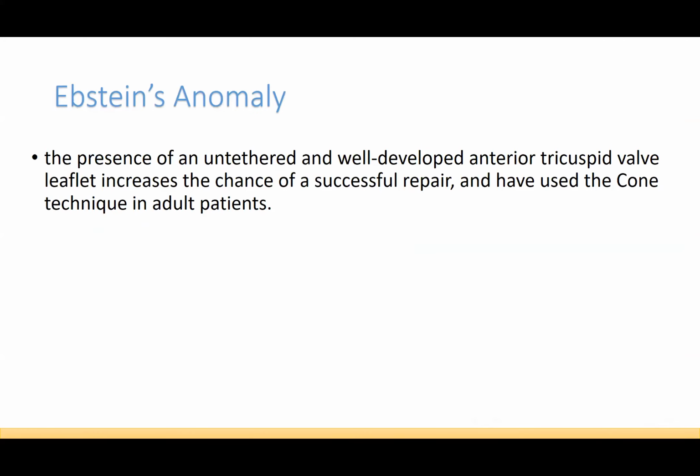So for Ebstein's anomaly, the presence of an untethered and well-developed anterior tricuspid valve leaflet increases the chance of successful repair, and we have used the cone technique in an adult patient.